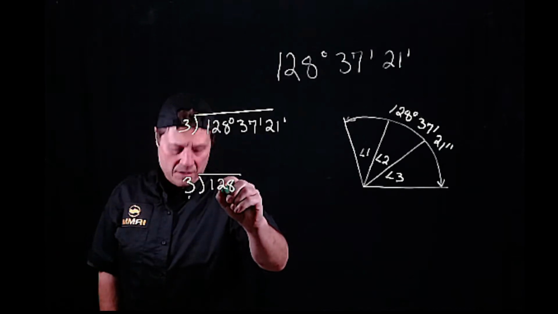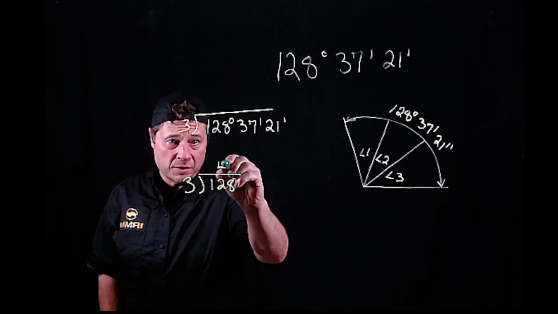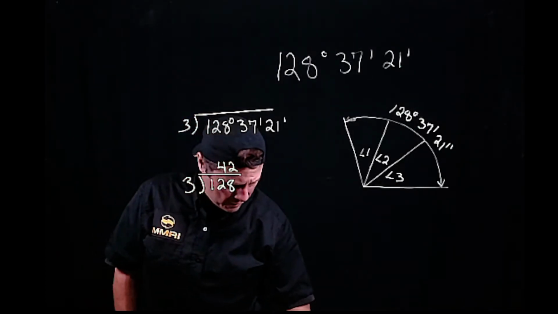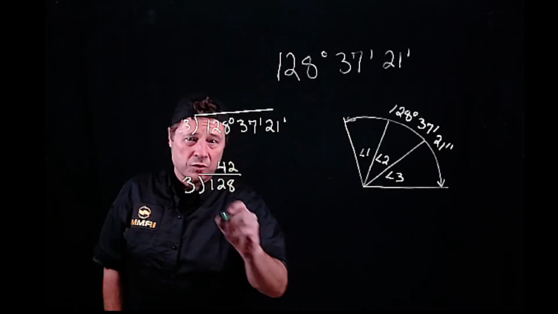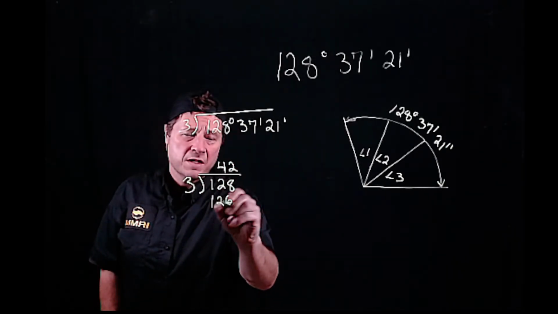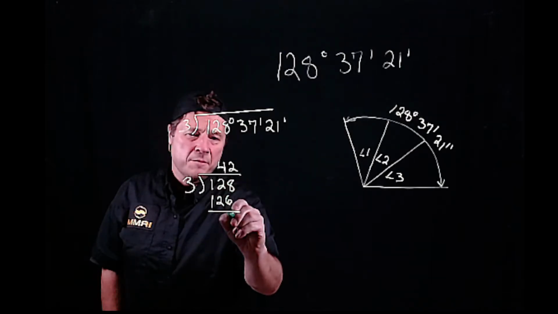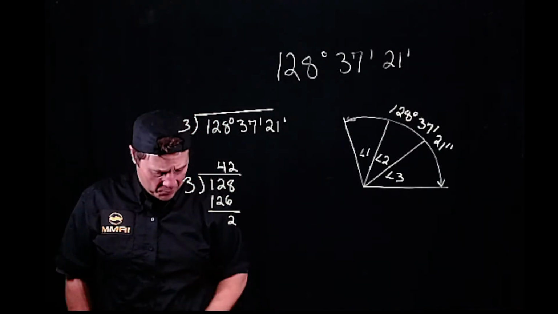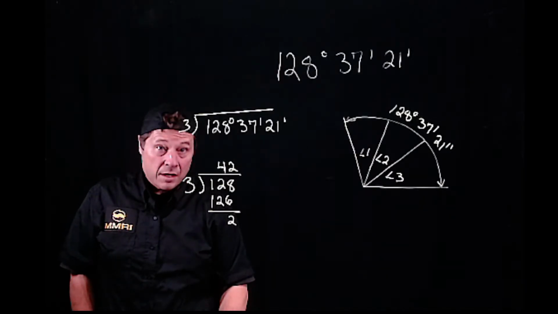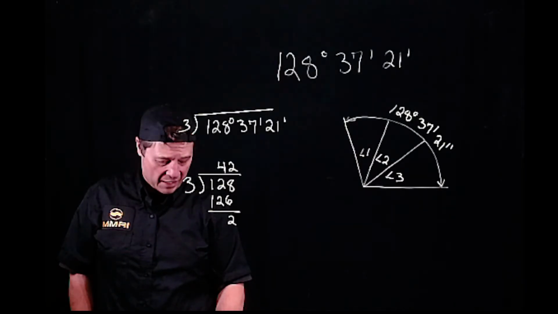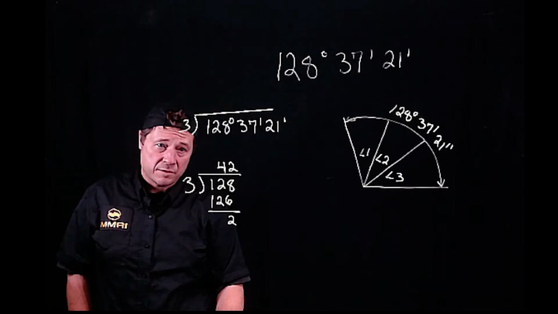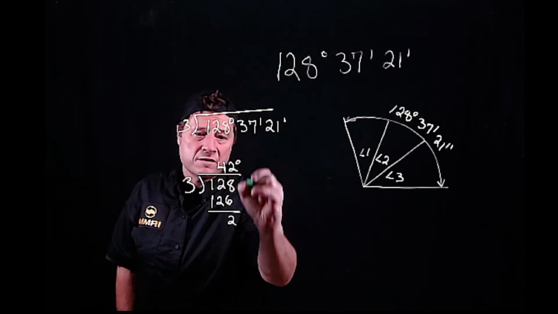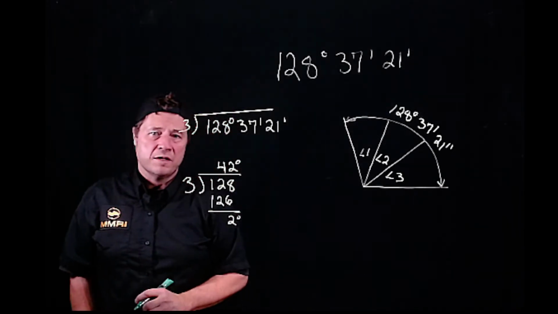How many threes in 128? 42 times 3 is equal to 126. So 128 minus 126 is 2. So what I end up with here is 42 degrees and a remainder of 2 degrees.